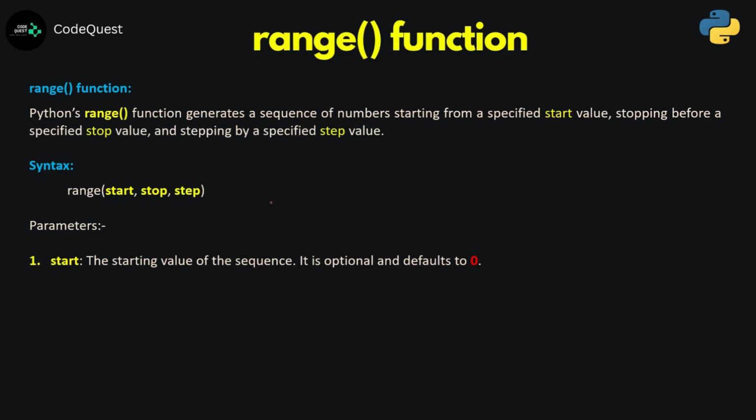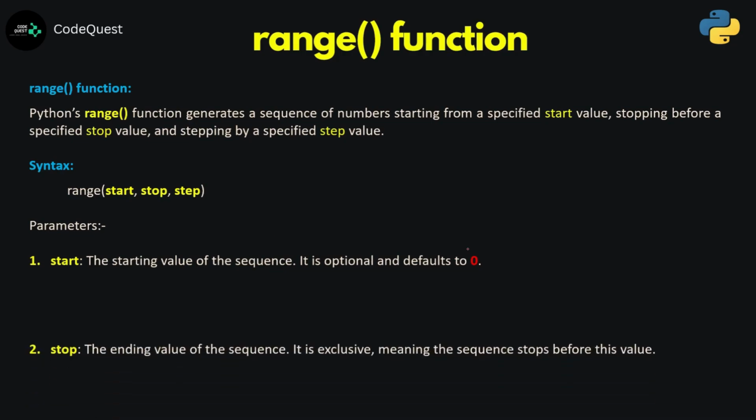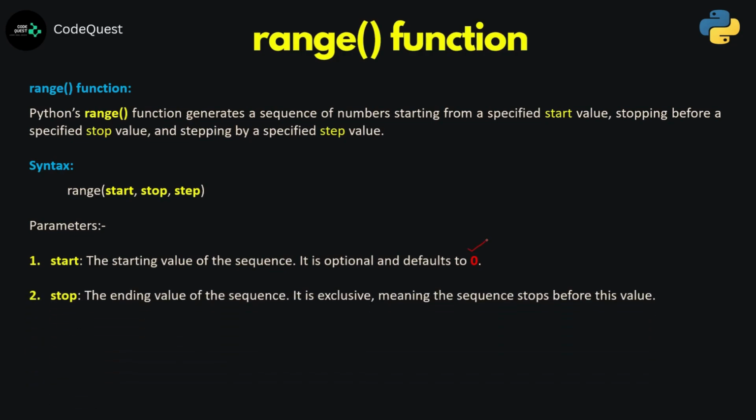Now, what do these parameters indicate? The start is going to indicate the starting value of the sequence. And in case you do not write any start value, the default value is set to 0. Now, the second argument, that is your stop, is going to set the ending value of the sequence.